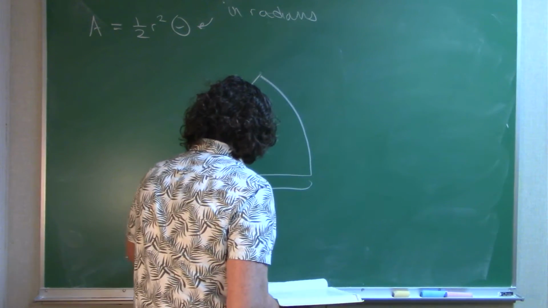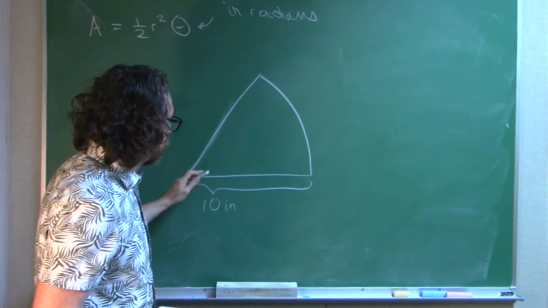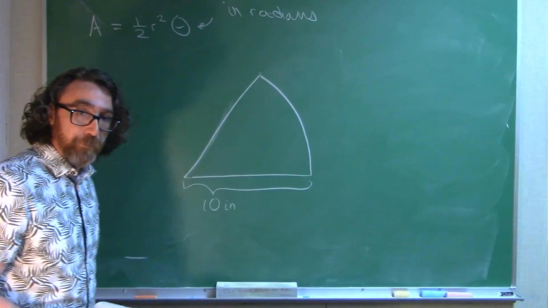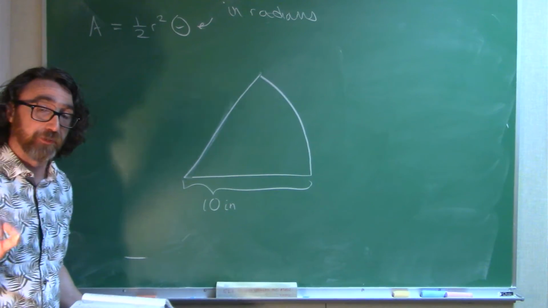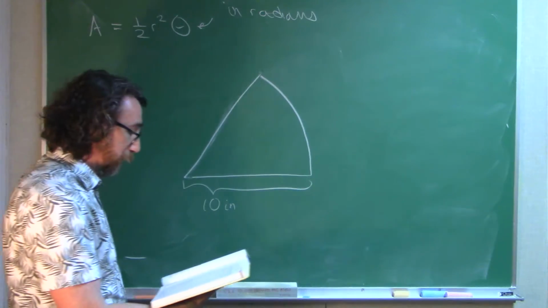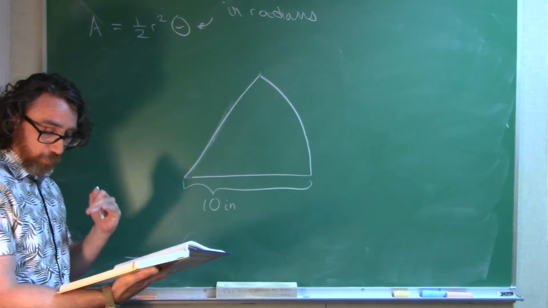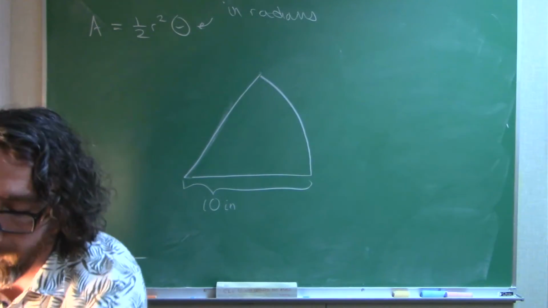Now, here's the little complication. I don't want to know this entire wedge. Okay, so if you look on your car's windshield wipers, the blade doesn't cover the entire wiper arm. So we're going to pretend that the windshield wiper covers 9 inches of the wiper blade.